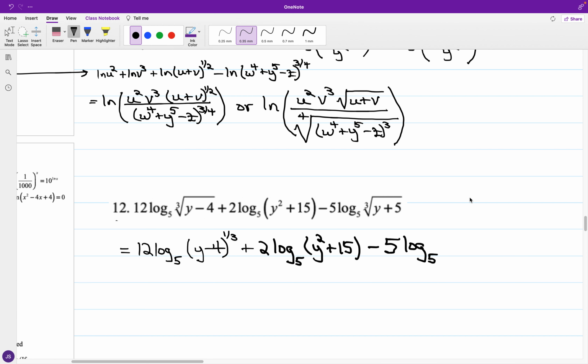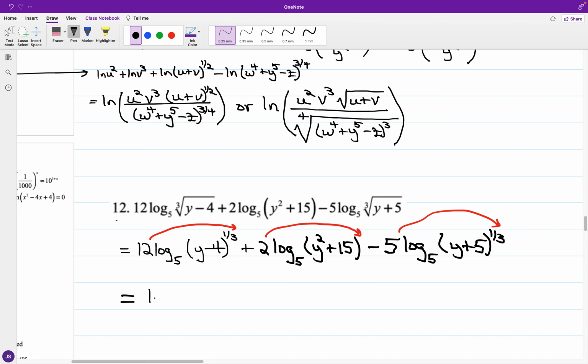So minus 5 times the base 5 logarithm of the quantity of y plus 5 raised to the 1/3. So got the coefficients, which I'm going to put in exponential position. And for what we're going to have in the follow-through, especially for the first and the last terms, there's going to be a power property of exponents follow-through in addition to what we have been accustomed to at this stage.